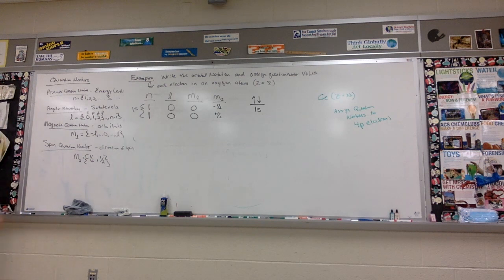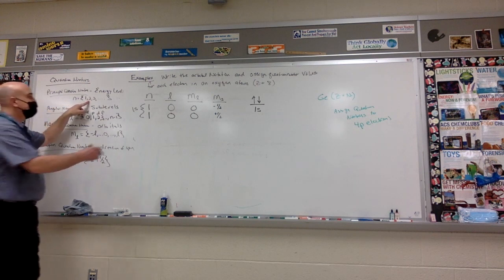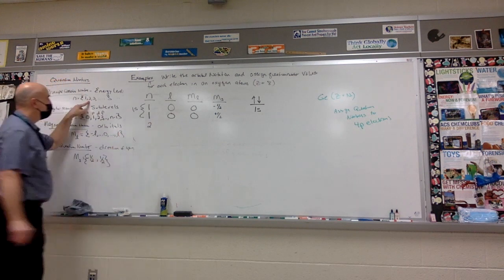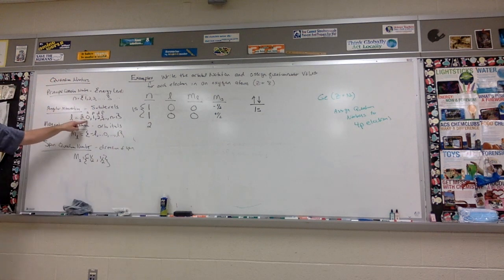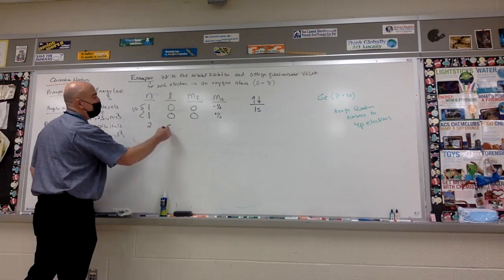All right. What comes next after 1s? 2s, right? So now I'm going into my second energy level. Now here I have 2 possible sublevel values, right? 0 and 1, because 2 minus 1 is 1. But 0 is lower in energy than 1. So my next one, I'm going to be in the 2s.